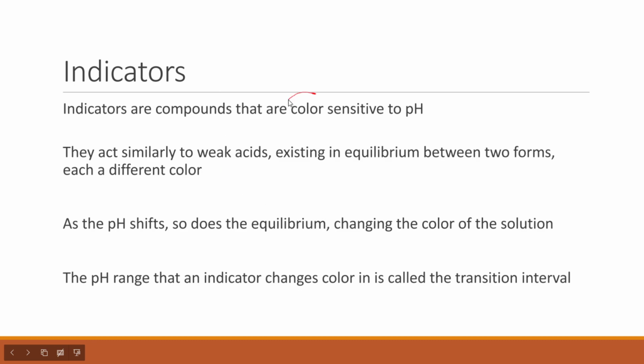They're color sensitive. And because of this color sensitivity, we can put them in an acid or put them in a base, and it will give us a vague idea of what the pH of that thing is.